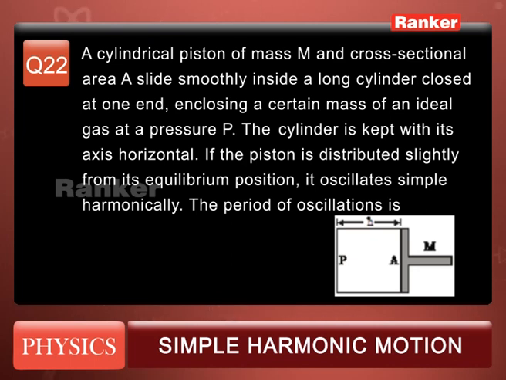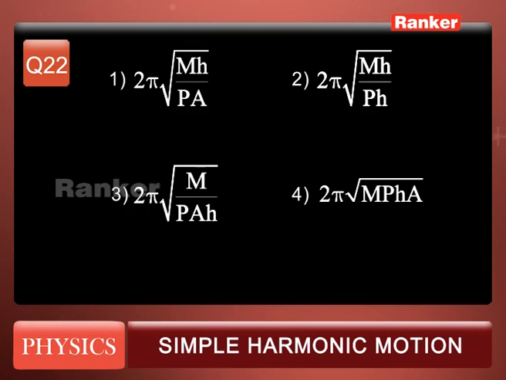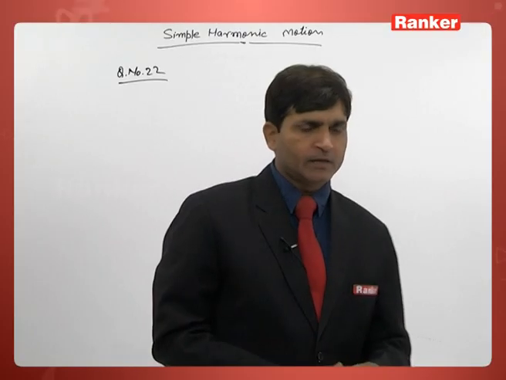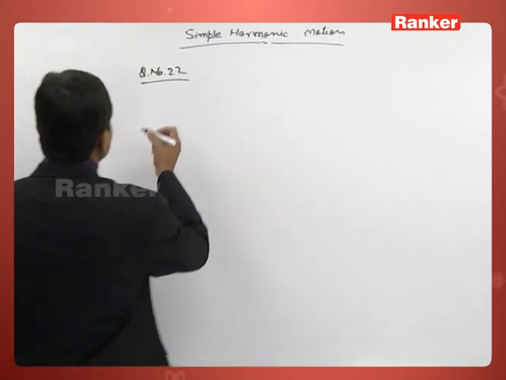If the piston is slightly disturbed from its equilibrium position, it oscillates simple harmonically. The period of oscillation is: first option 2 pi root over MH by PA, second option 2 pi root over mH by pH, third option 2 pi root over m by pH, and the fourth option 2 pi root over mPH.